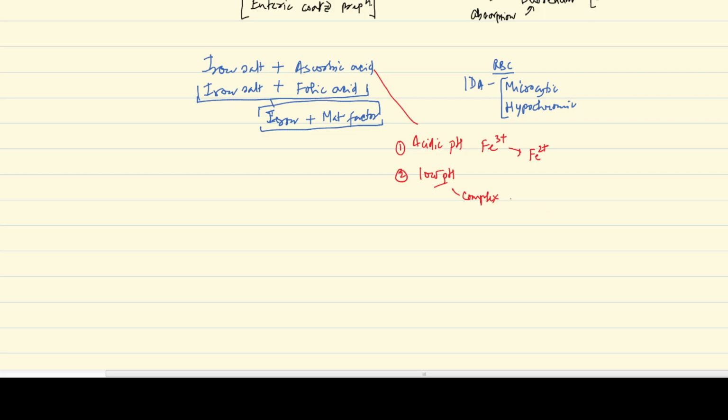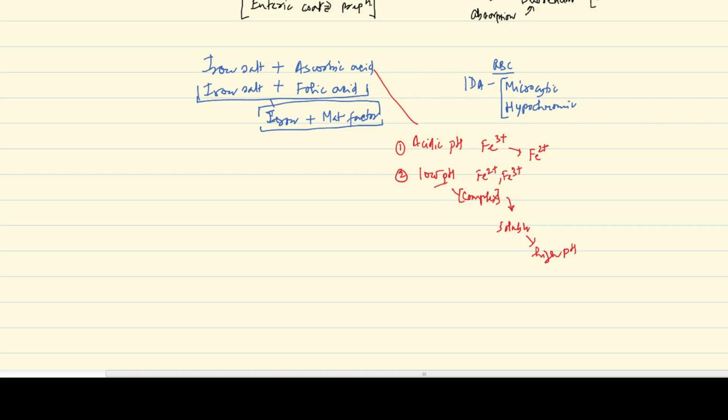Now this complex contains both ferrous and ferric maybe. So this complex with ascorbic acid remains soluble even at high pH.